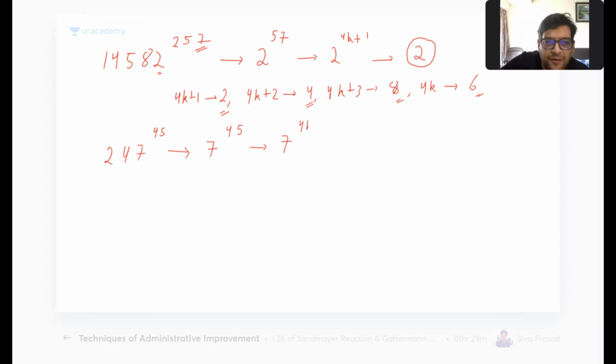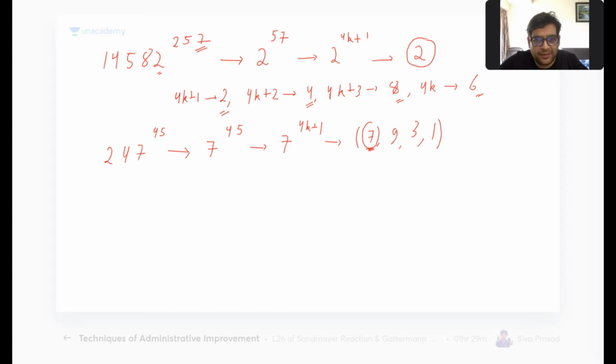So 7 to the power of 4k plus 1. What is the cycle for 7? Cycle for 7 is 7, 9, 3, and 1. Since it is 4k plus 1, it will be the first value in the list, so my answer will be 7 here.